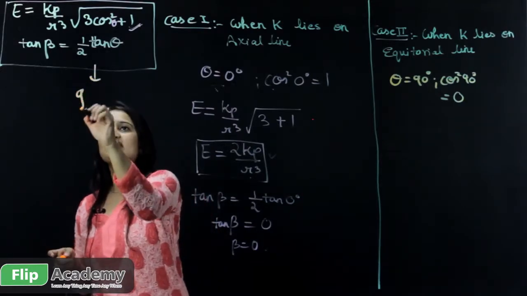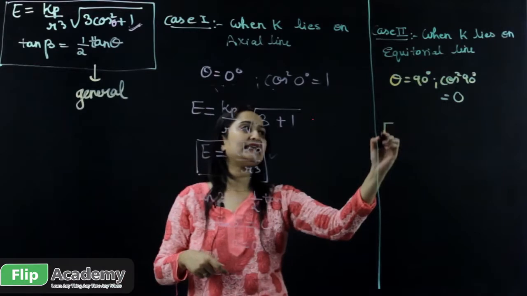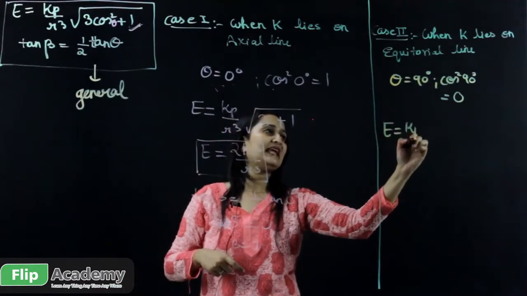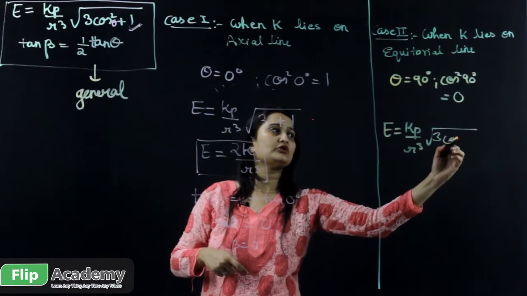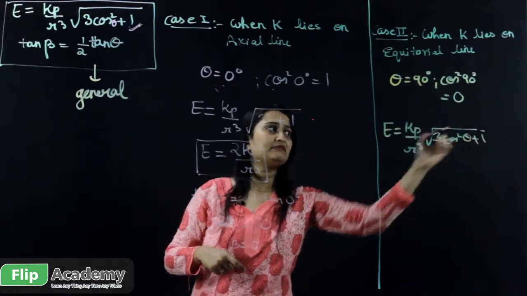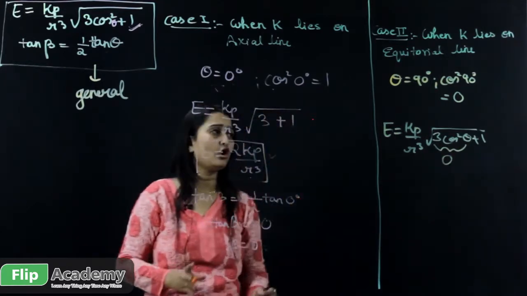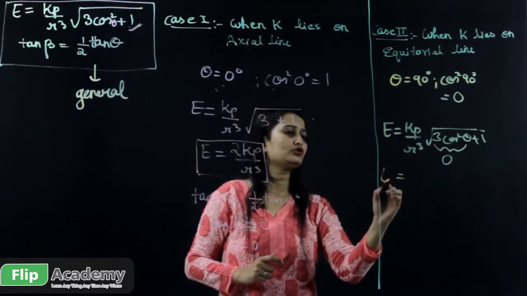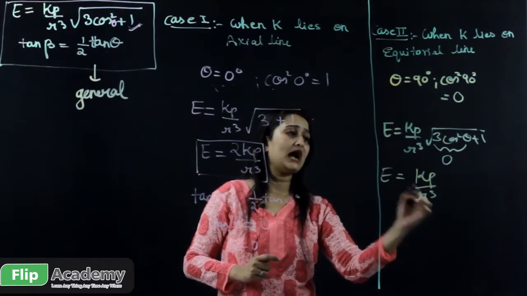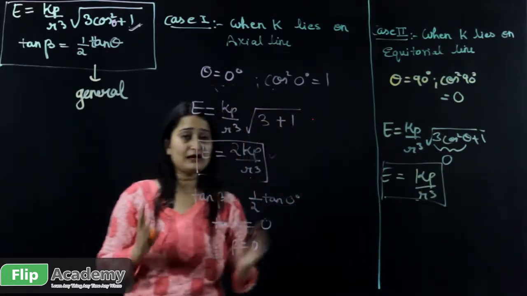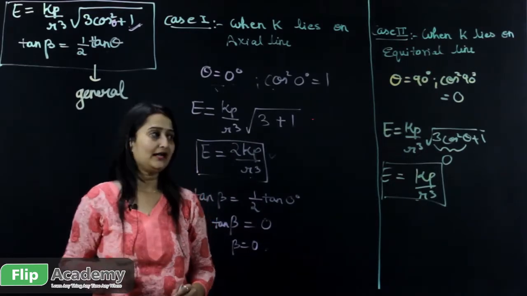This is your general formula. Now put the value here, you will get E equals kp/r³ √(3cos²θ + 1). Now this whole value turns to 0. If this value turns to 0, the electric field intensity now comes to kp/r³. Again the similar formula that we have already worked upon, that is along the equatorial line.